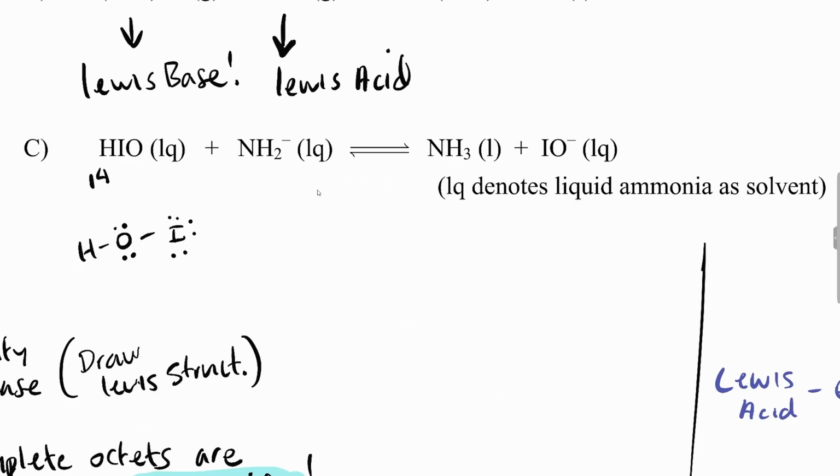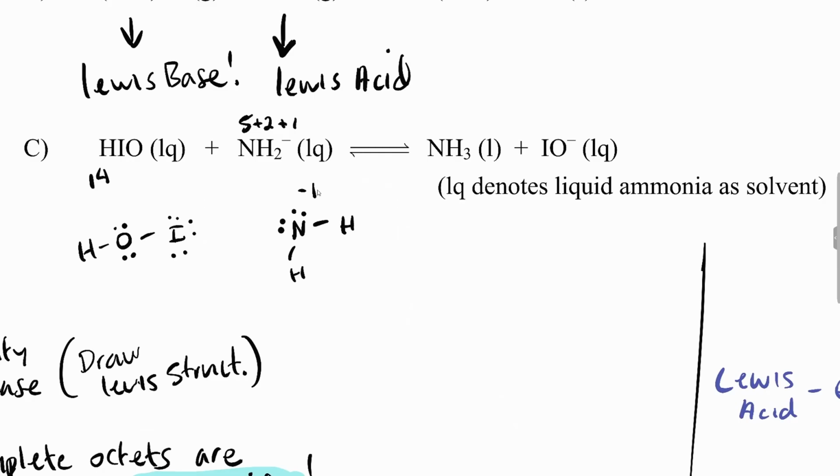And we have NH2, just drawing a basic structure of NH2. It's NH2 minus, so normally there'd be 5 plus 2 electrons, that's 7 valence, but we have this extra one, so it's going to be a total of 8 valence electrons. That's 2, 4. I need to add another lone pair here, and then it's going to be a minus charge.